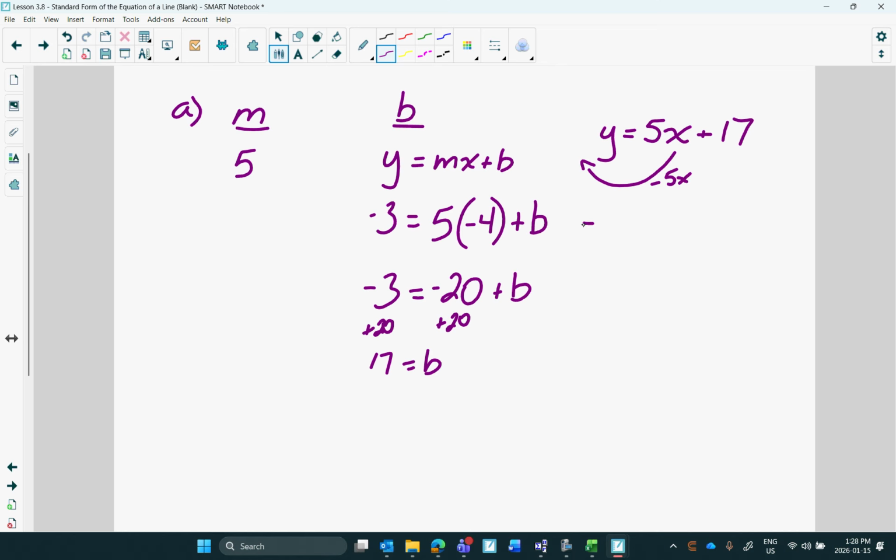So we get minus 5x plus y equals 17. Done? No, got to change all the signs to make the x positive. Now we're done. Okay, so it's like I said, all this stuff we've been doing, we just added this today.